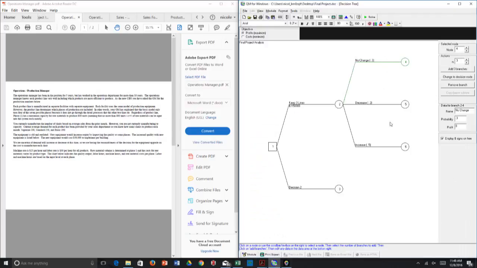So let's go back to this and find out why can we not just take our net revenue for our no change and decrease it by 10% or increase it by 20% as a bottom line number. Well, because there are certain costs, our fixed costs, that are associated whether or not our sales increases or decreases.